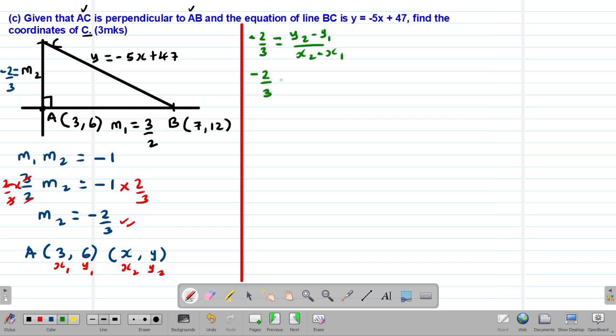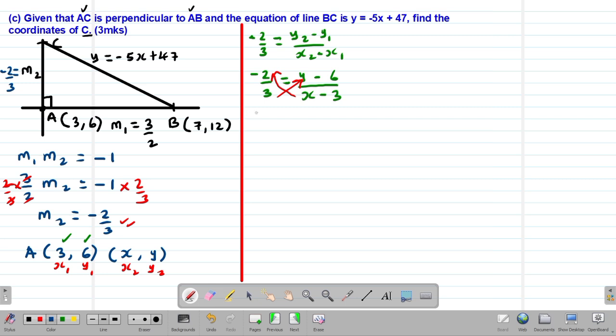So this will be -2/3, which must be equal to our y2, which is y, minus our y1, which is 6, divided by our x2, which is x, minus our x1, which is 3. Now, if I do cross multiplication, this will multiply with that. Then, of course, 3 will multiply with the other value.